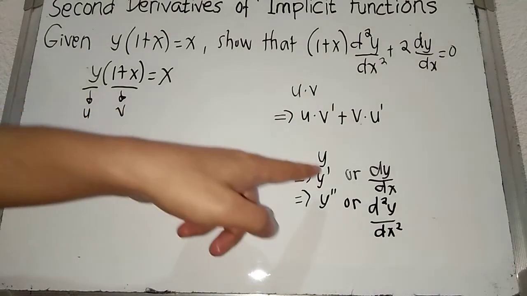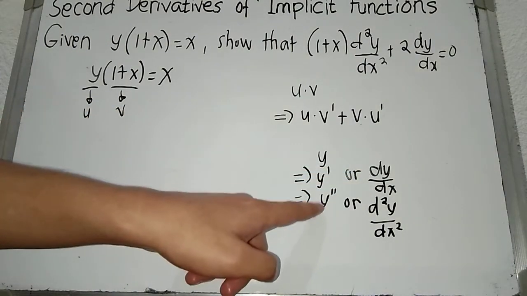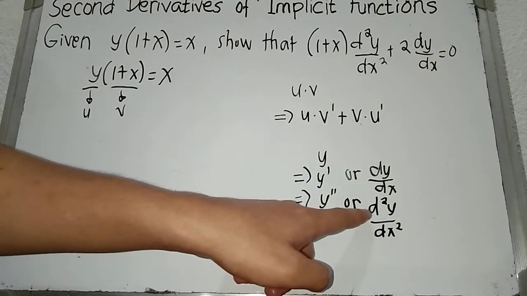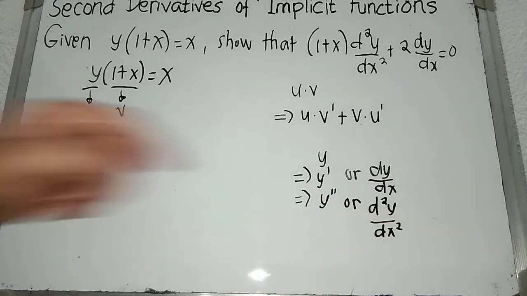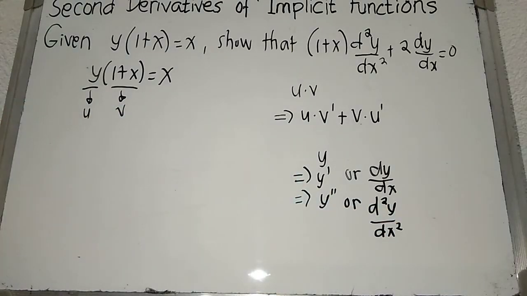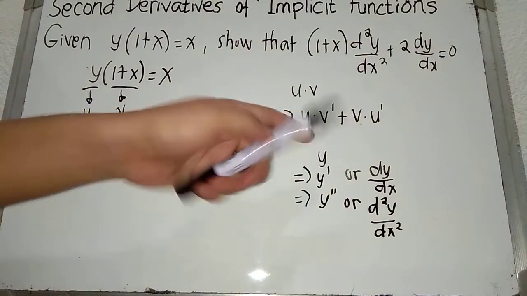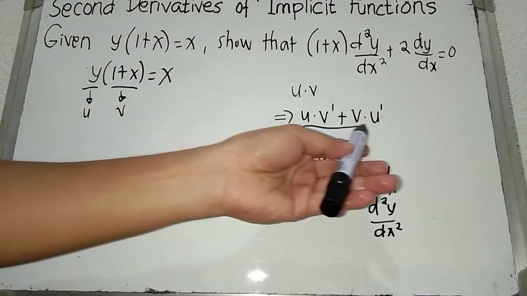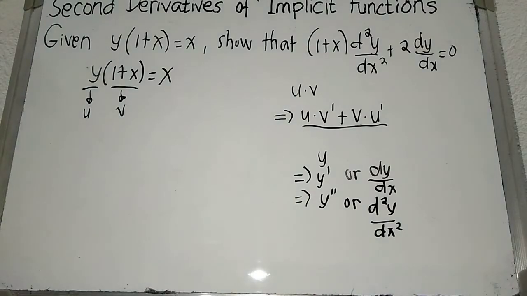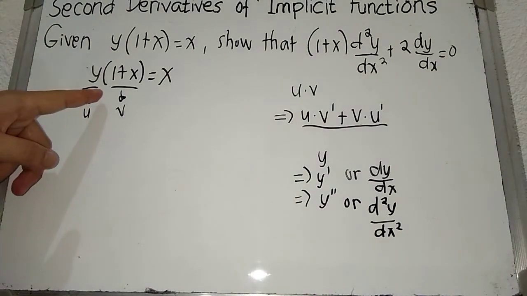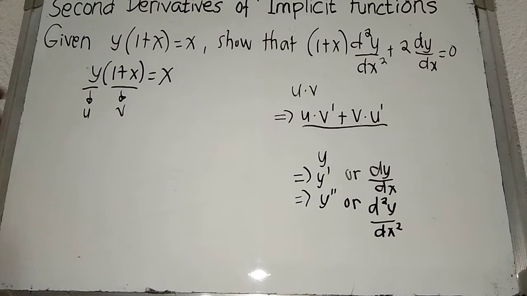So you can write y prime as dy over dx and y double prime as the second derivative of y with respect to x. So going back to the product rule, this is the formula, and this is what we're going to do for the left side.